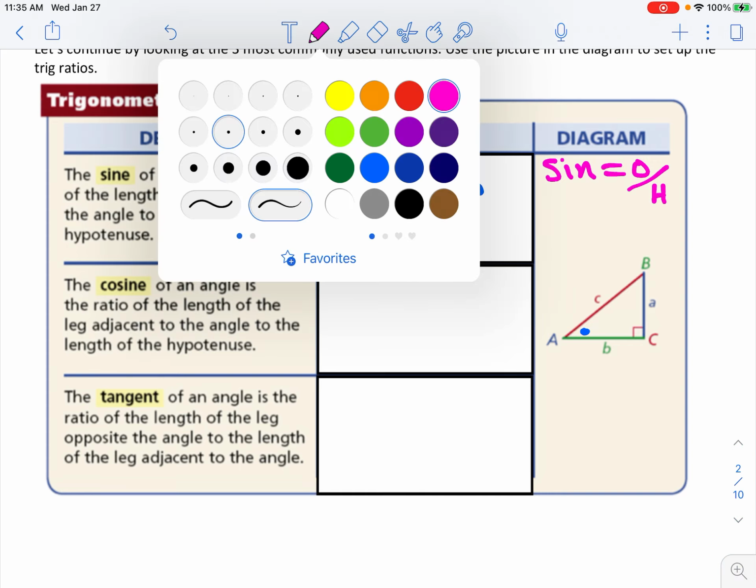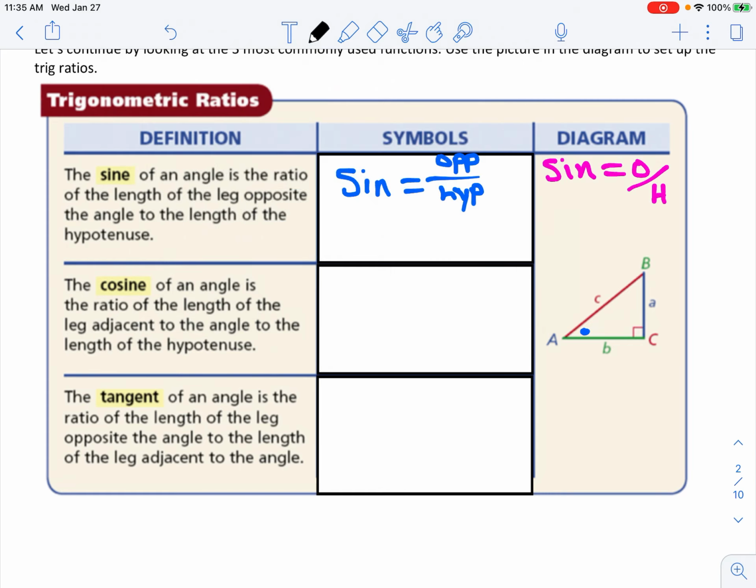Now let's look at what cosine stands for. Cosine stands for adjacent over hypotenuse, so we think of cos as A over H, adjacent over hypotenuse.